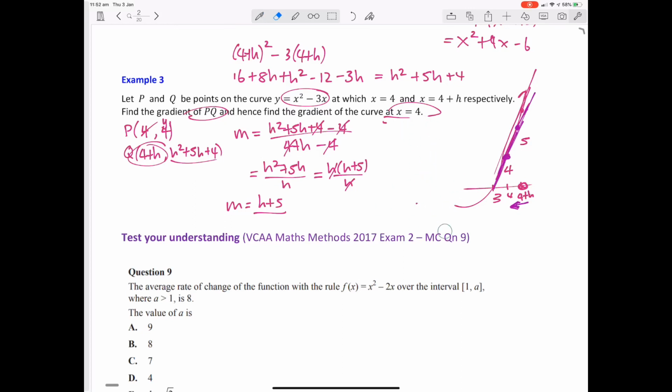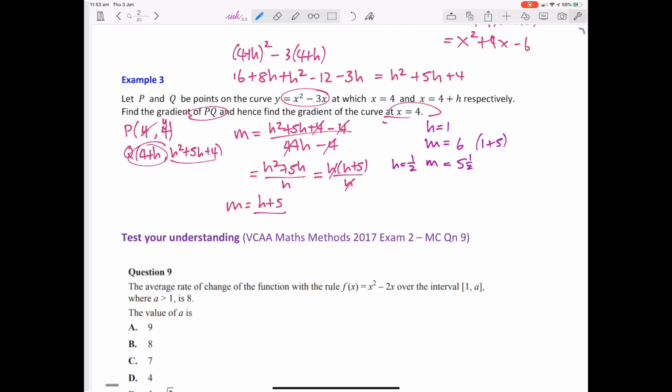So what we can say, if we let h equal 1, we get m is equal to 6, or 1 plus 5. If we let h equal a half, then we get m is equal to 5 and a half. If we let h equal a quarter, m is equal to 5 and a quarter.